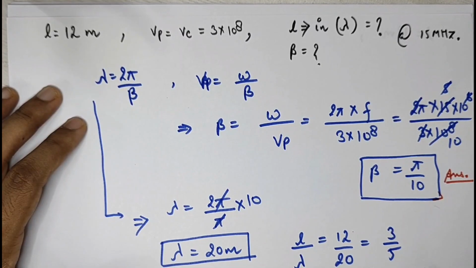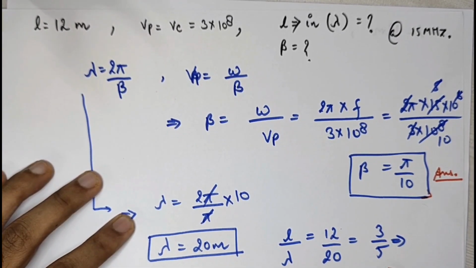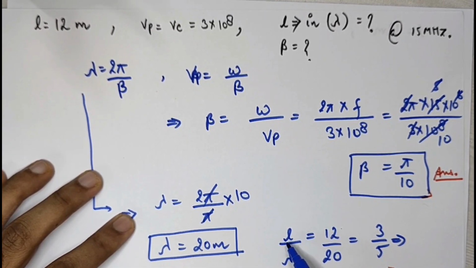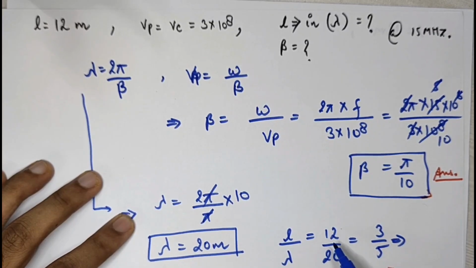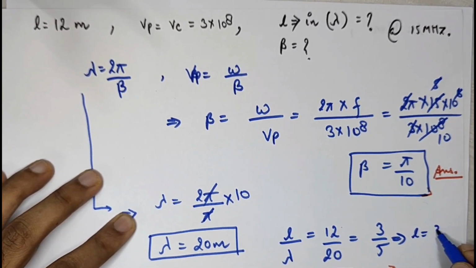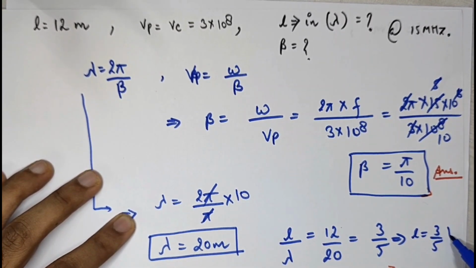What we have done here is taken the ratio of length L and lambda, L by lambda. Length is given as 12, lambda we have just calculated, and substituting gives 3 by 5. L can be written as 3 by 5 lambda. This is the answer that we were looking for.